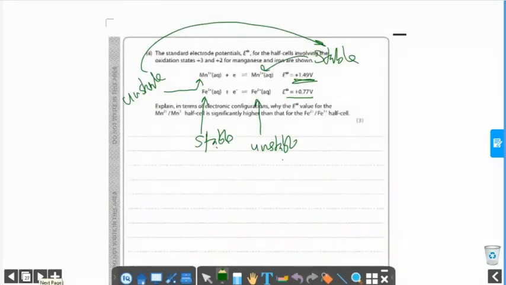And then you can further say: conversion of unstable manganese 3+ to stable manganese 2+ is more feasible than the conversion of stable iron 3+ to unstable iron 2+.